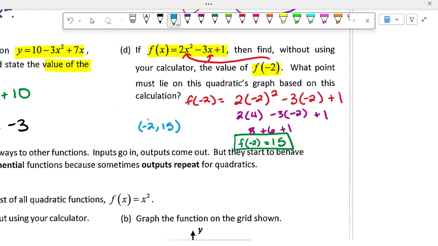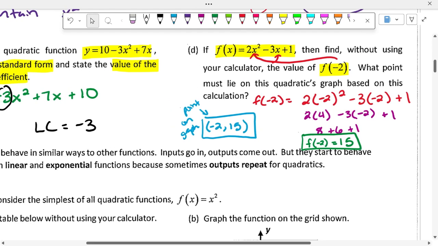Because remember, x values are the input. That's what we put in. And the y values are the output. So if we graphed this function, this would be a point on the graph. Any questions on just some bare minimum basics? All right.